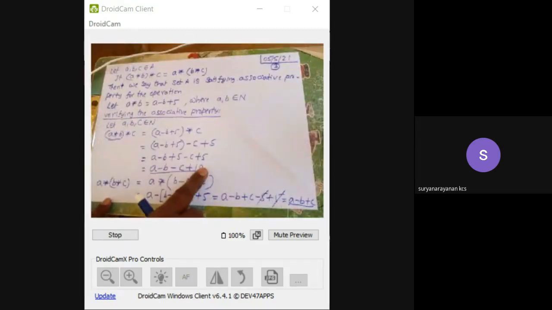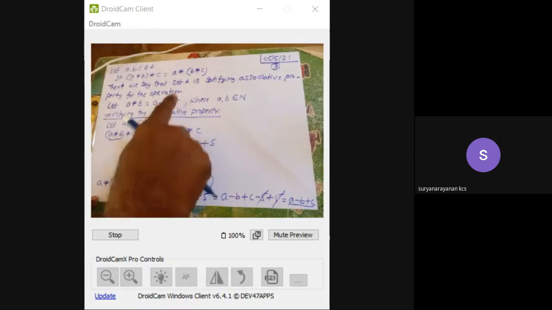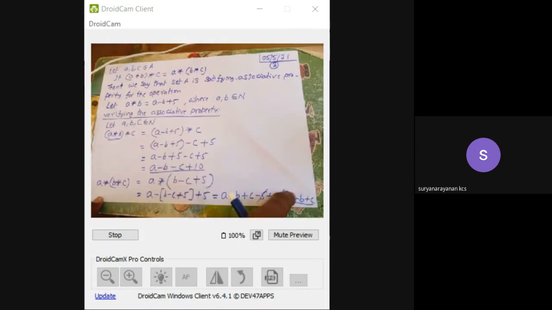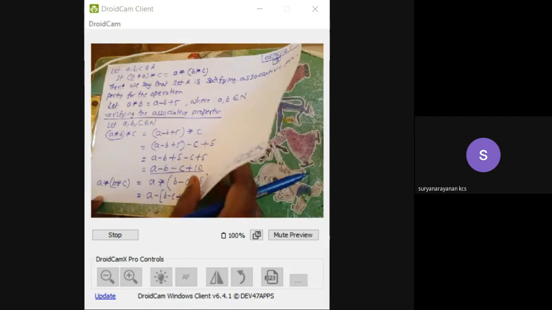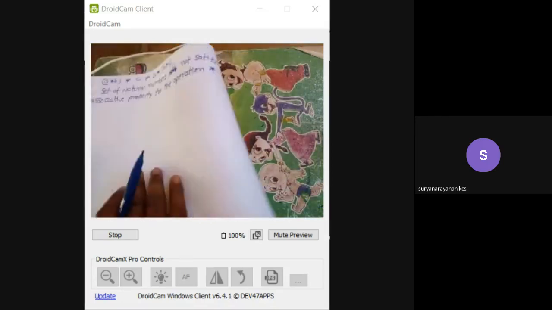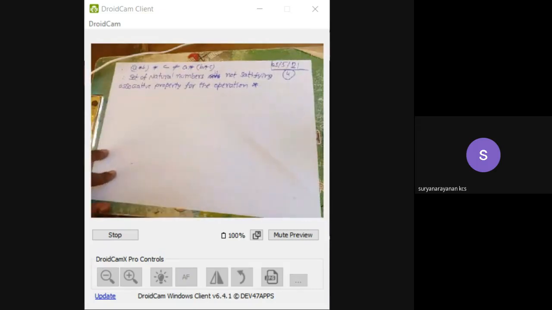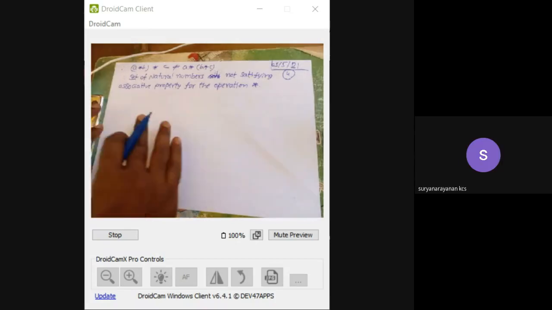After that, we have to find the RHS value, A star (B star C), also separately. If these two values are equal, then we say that the associative property is satisfied. Otherwise, we say that the associative property is not satisfied. Understood this point, my dear children? Yes, sir.